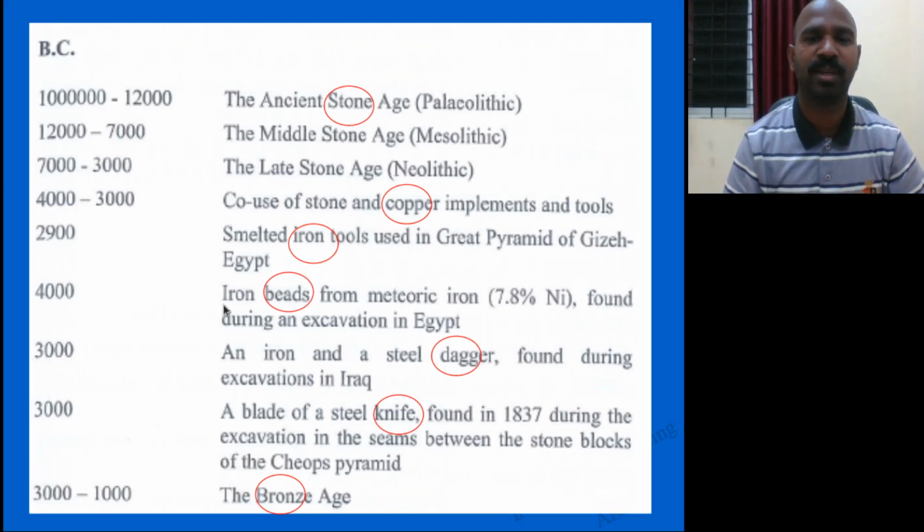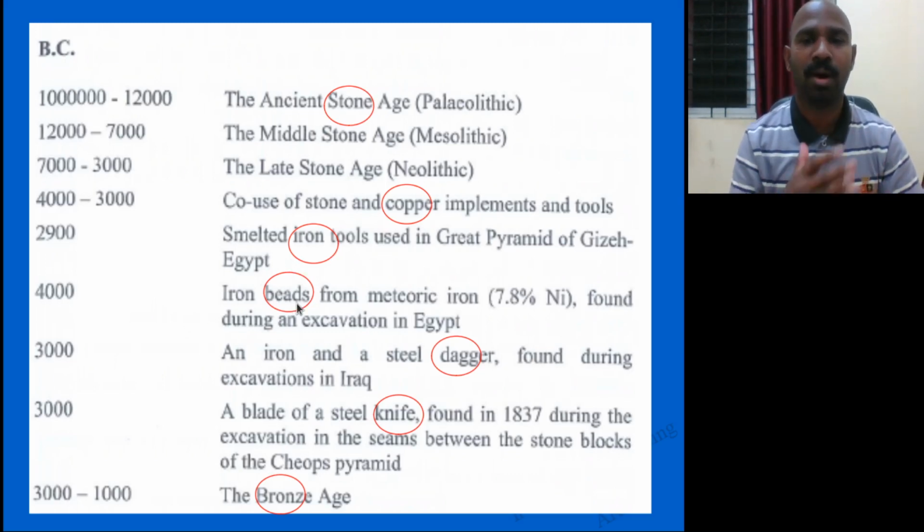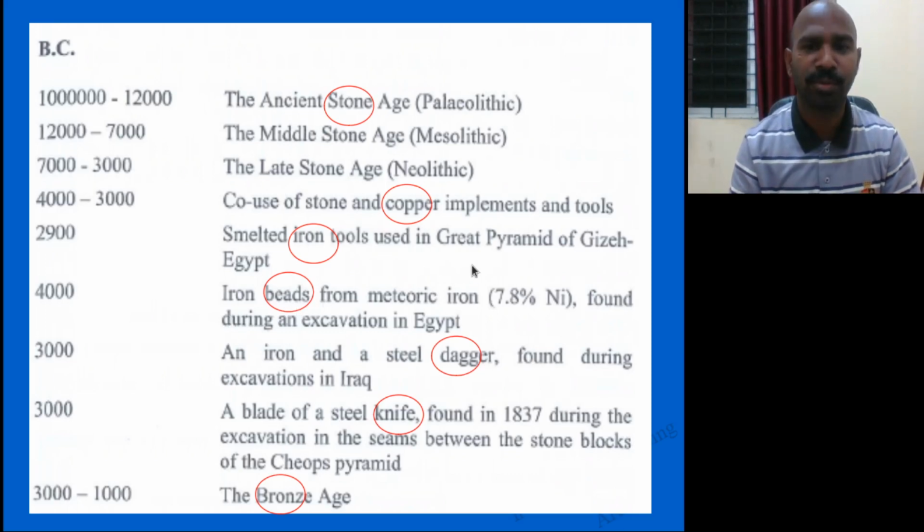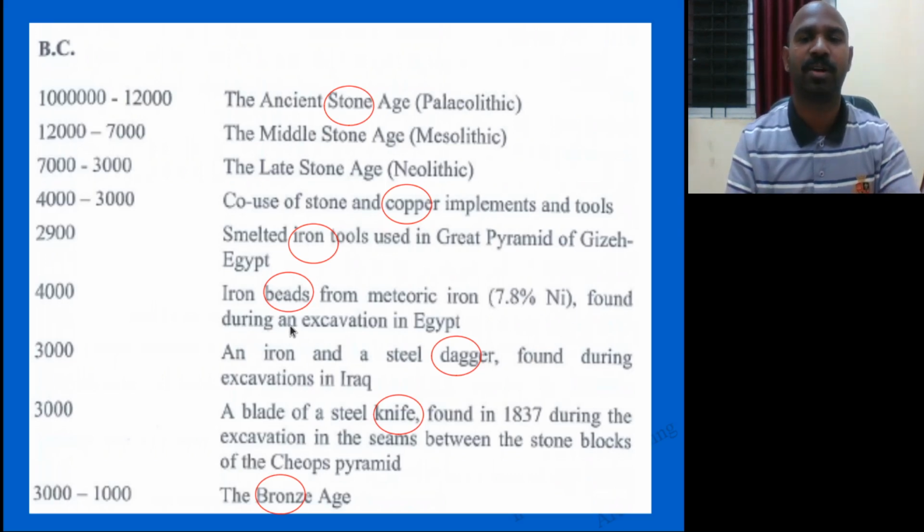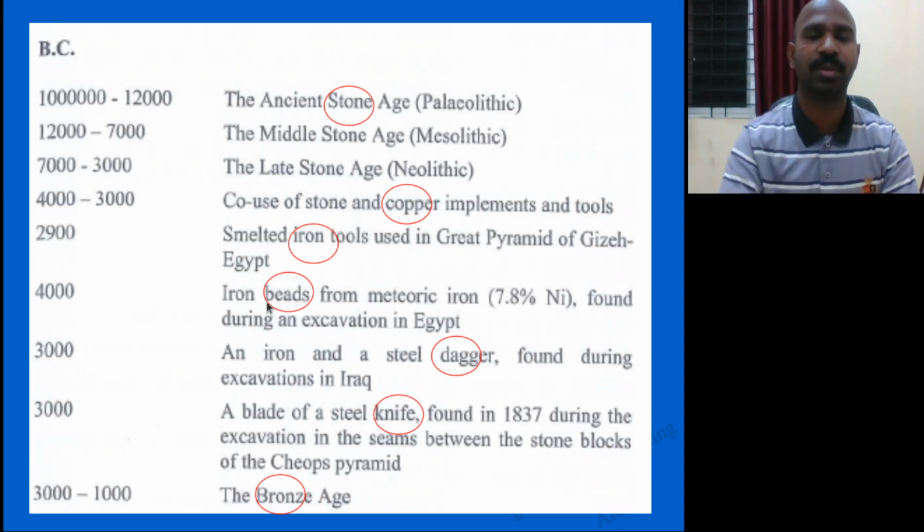And after that, one more finding was observed: iron beads, which were meteoric iron. It has been concluded by the archaeologists, along with some addition of nickel around 7.8 percent, which was found during an excavation in the Egypt pyramid. These iron beads decided the age as 4000 years BC.